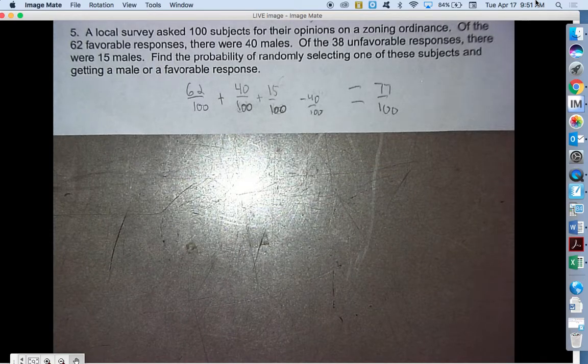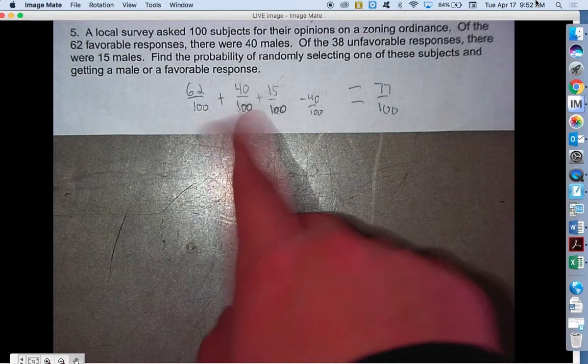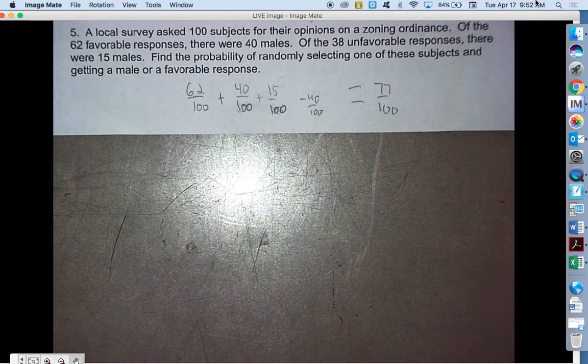And then since there's males in the favorable responses, subtract the 40 from the sum of these, and then you get 77 out of 100.